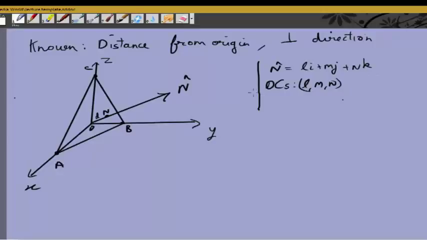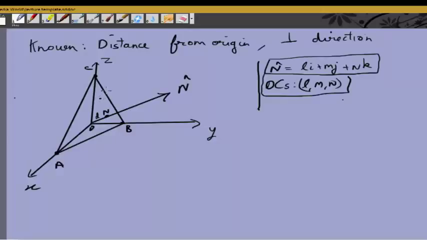Right. So we could either be given the direction cosines or we could be given the direction ratios a, b and c, from which you can get l, m and n such that l is a by root a square plus b square plus c square and so on. So this is basically given to us, either the vector or the direction cosines, and also what is given to us is this distance d.